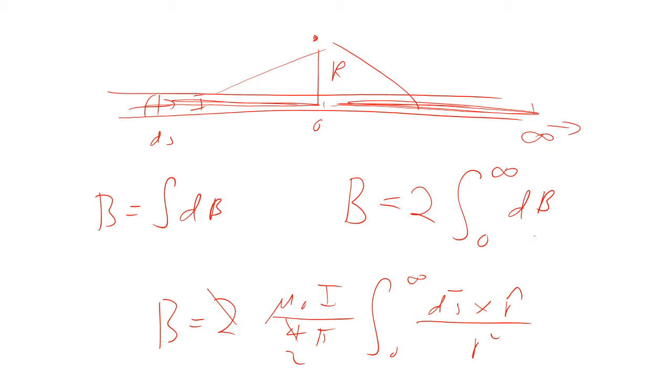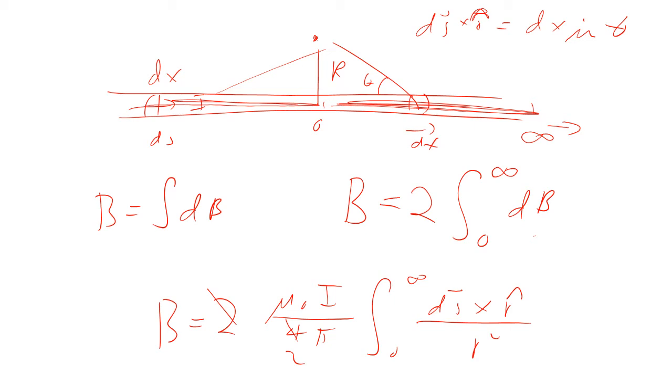ds is going to be basically like a dx right here, okay? So this is dx. And so that means that ds cross r hat is going to be dx times sine theta, where there's theta right here, okay? And now, what's sine theta going to be?